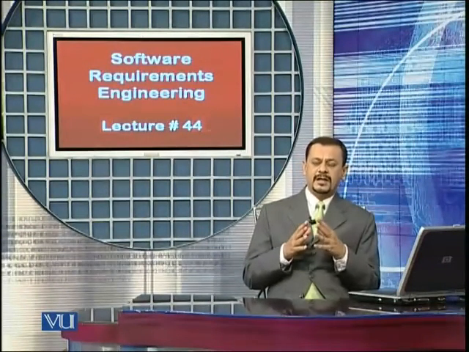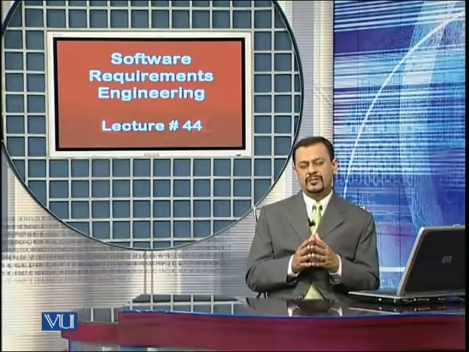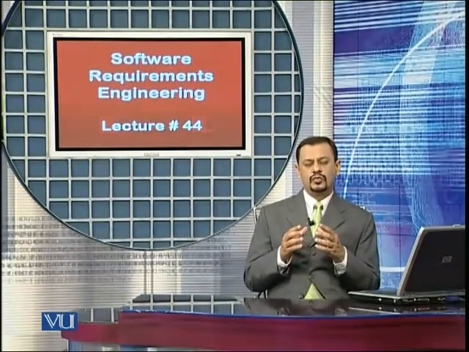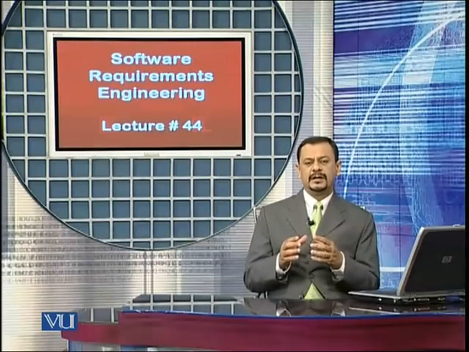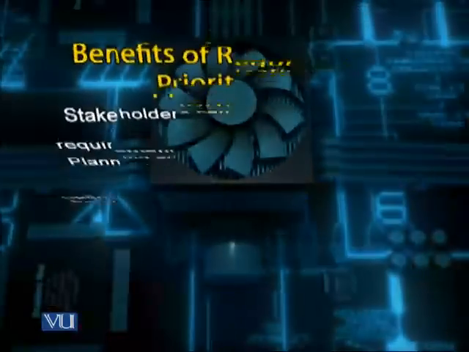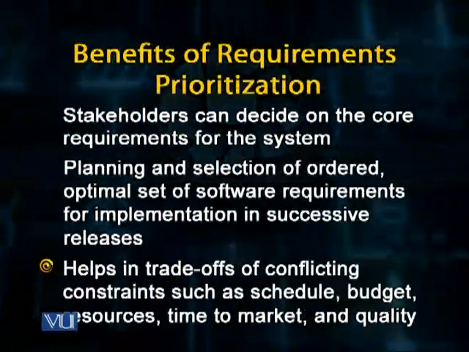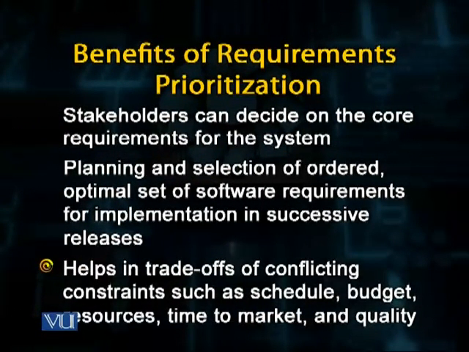Then that core set of requirements, when we are using the incremental and iterative software development processes, is used to select the requirements for one iteration. And prioritization also helps us in developing the trade-offs for conflicting constraints such as schedule, budget, resources, time to market, and quality of the software product.